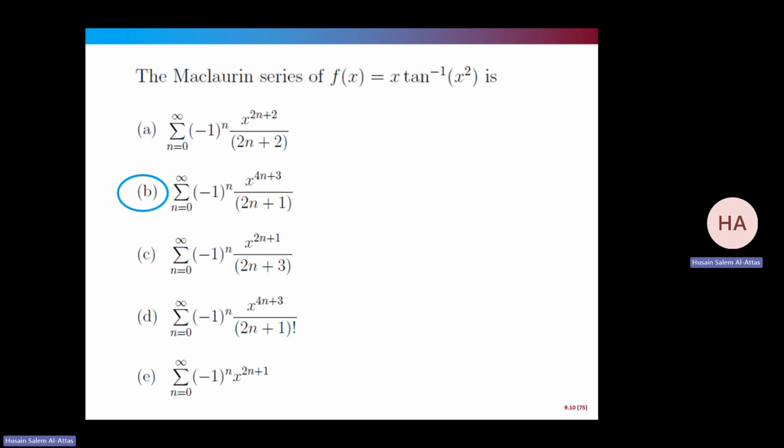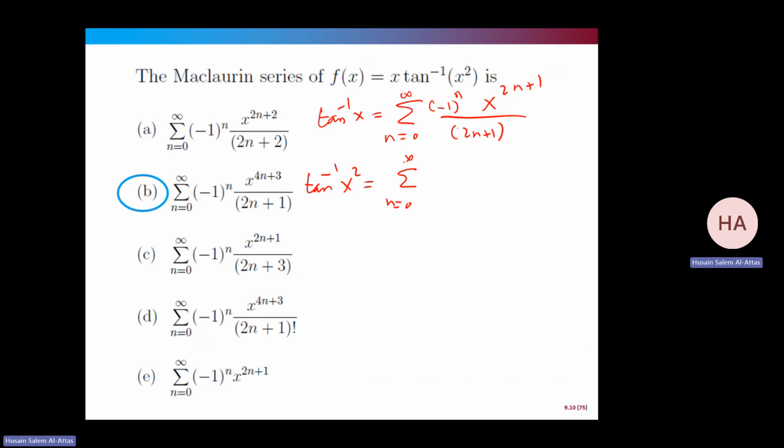Next, the Maclaurin series of this. I will start with tan inverse. What will be tan inverse x? That will be the summation n equals 0 to infinity of minus 1 to the power n x to the power 2n plus 1 over 2n plus 1. Then find tan inverse x squared. Instead of x, I will write x squared. See what will happen: minus 1 to the power n over 2n plus 1 times x squared to the power 2n plus 1.